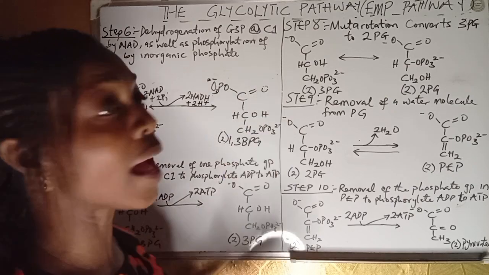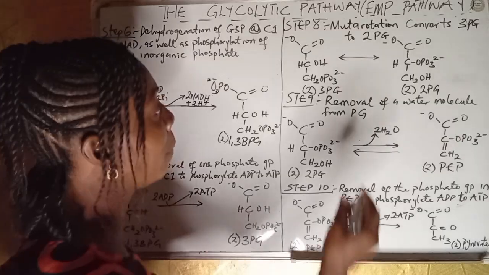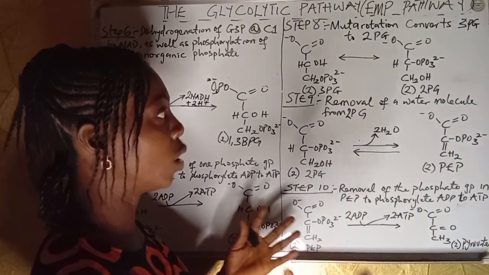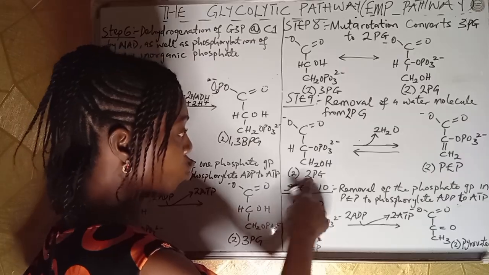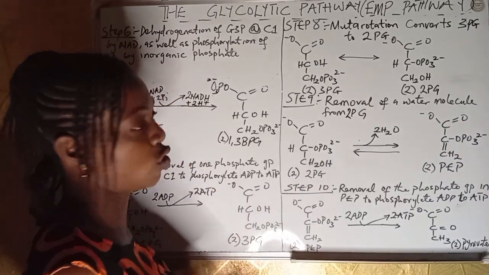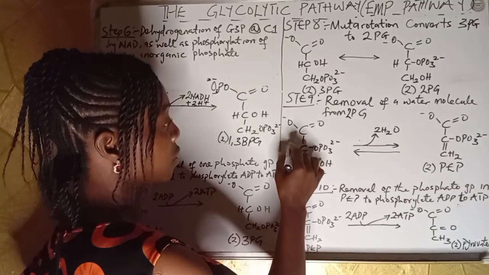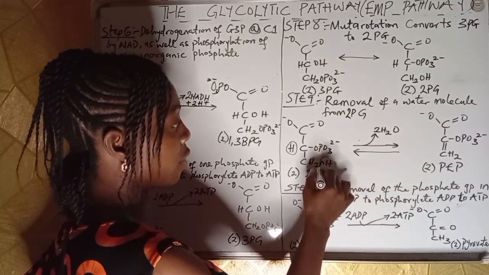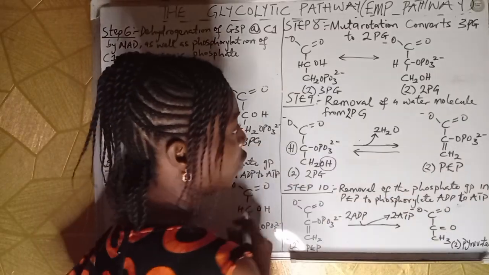And then step 9 of the glycolytic pathway, what is happening there? Simply the removal of a water molecule from 2-phosphoglycerate. Each of these, remember there are 2 molecules of 2-phosphoglycerate. Water is removed. Water is hydrogen and hydroxyl. So these and these are removed to give us phosphoenolpyruvate.